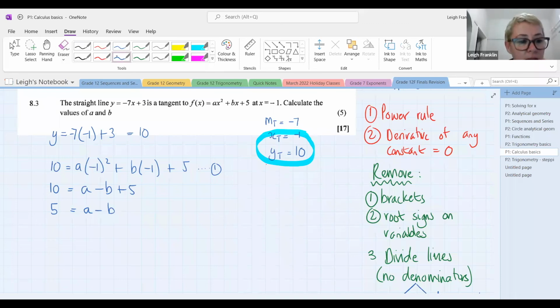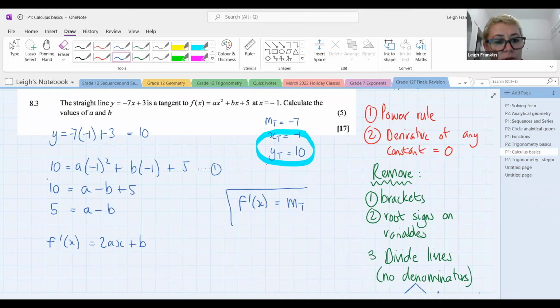So here we are saying f prime x equals 2ax plus b, because I'm applying my power rule. I know what the derivative is because the derivative of f with respect to x is the gradient of the tangent. I've got that bit of information up here.